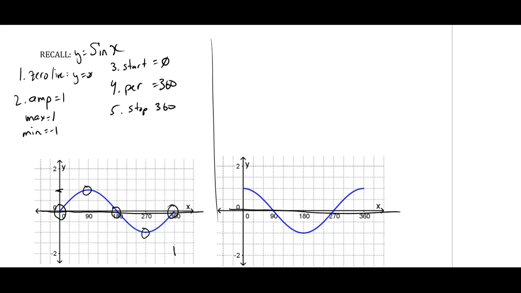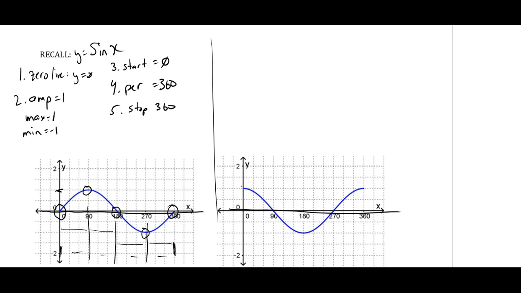And if I think about the period of 360, I've broken it into 4 equal parts, 1, 2, 3, 4. And each of these parts is 3 squares long. That just has to do with how I set up the x scale, how many squares I'm counting by. It doesn't have to be 3 squares, but it often works out that way, or maybe 2 squares, or maybe 4 squares.